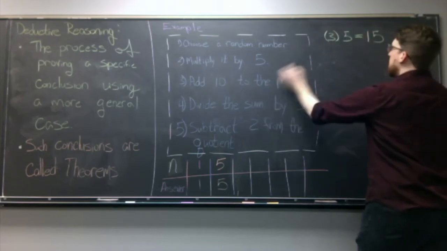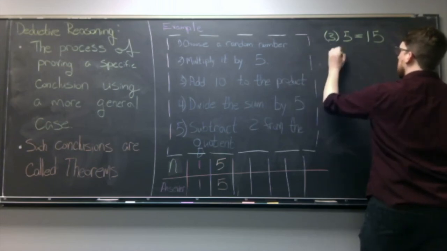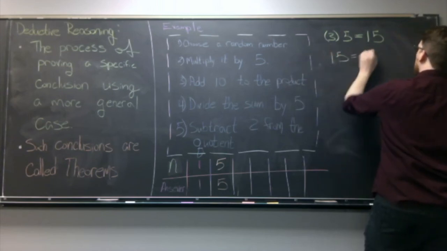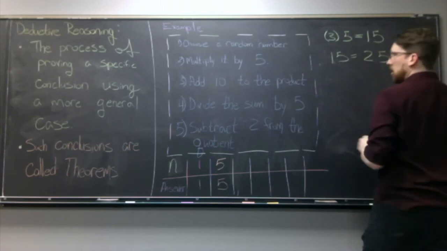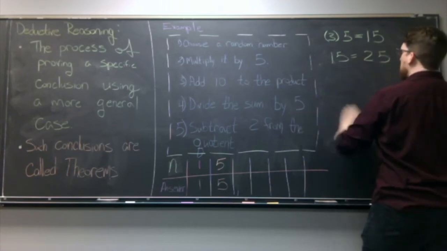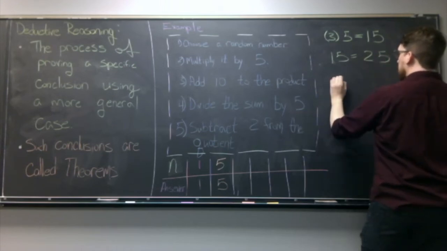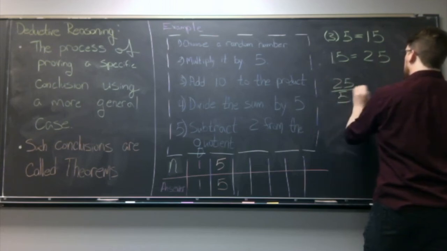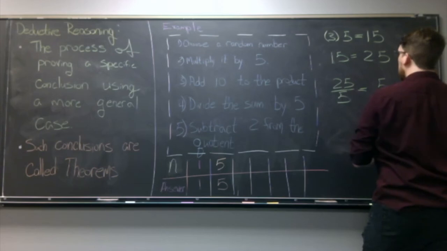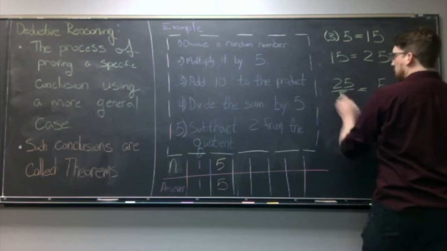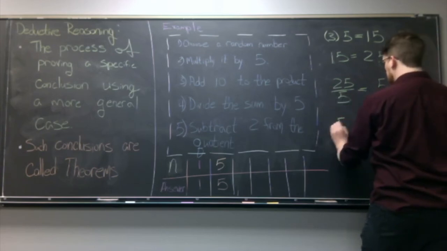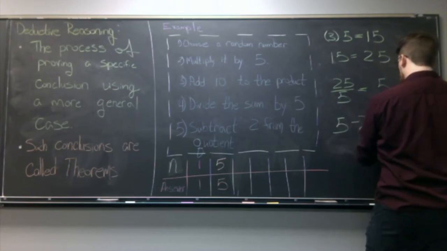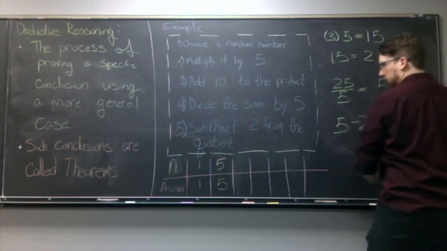We're going to add 10, that's going to give us 25. We're going to divide now by 5. That's going to give us 5. And now we're going to subtract 2. And we're going to get 3 back.